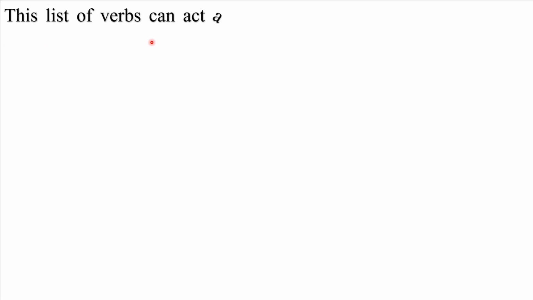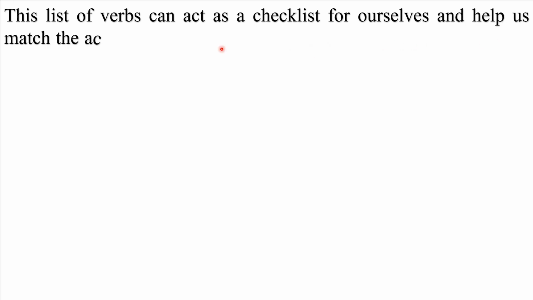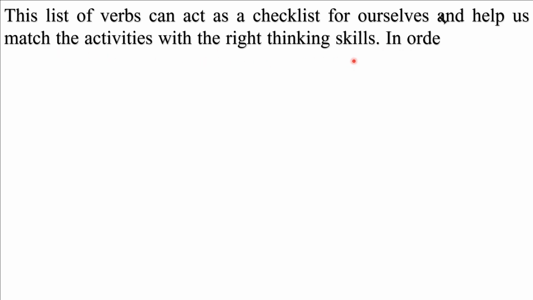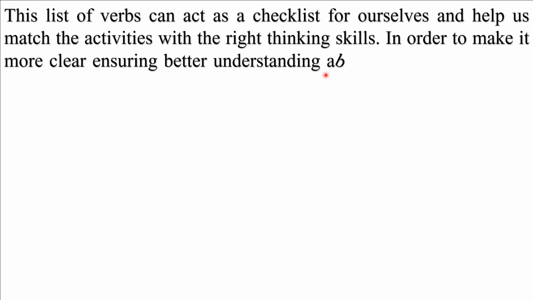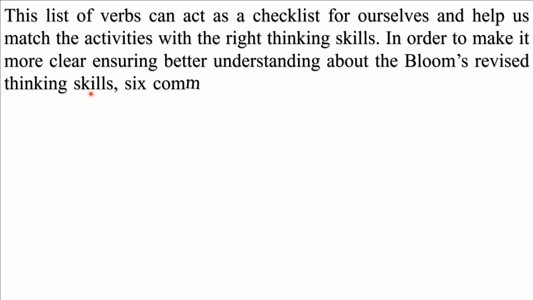This list of verbs can act as a checklist for ourselves and help us match the activities with the right thinking skills, in order to make it clearer and ensure a better understanding of Bloom's revised thinking skills.